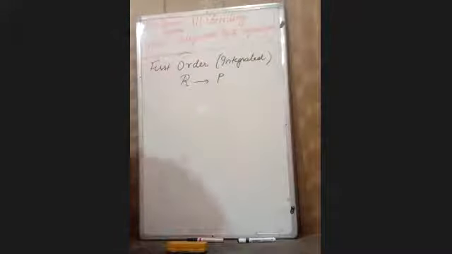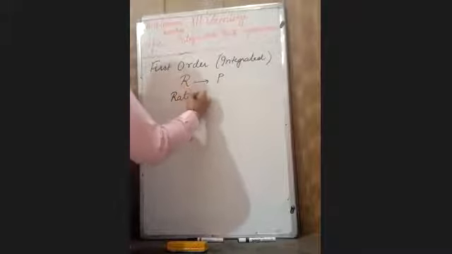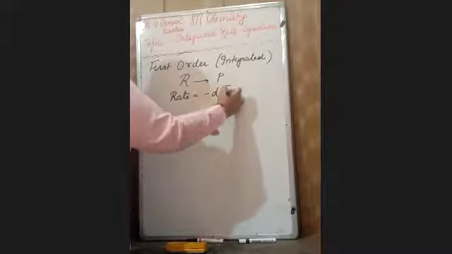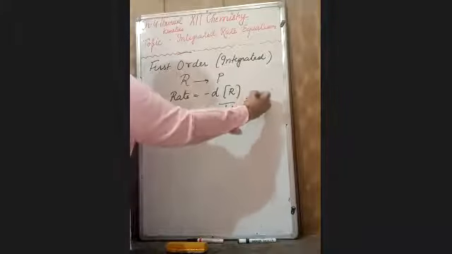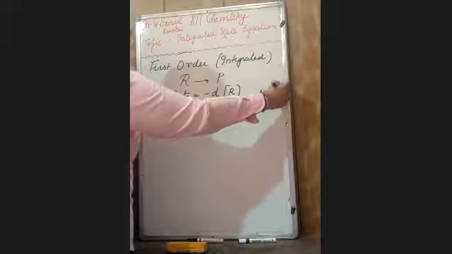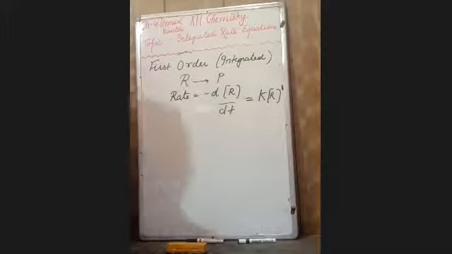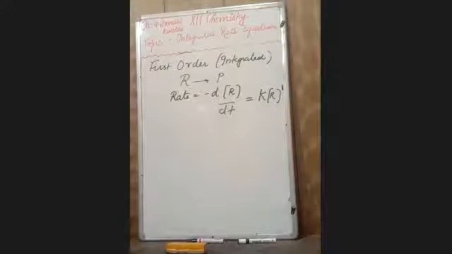So write the differential rate equation. Rate will be how much? It will be minus dR over dt is equal to k R power 1, because here the rate of reaction is dependent on the concentration of reactant.